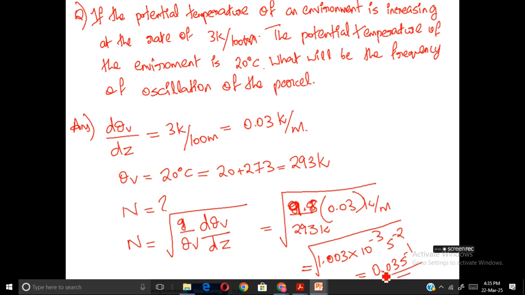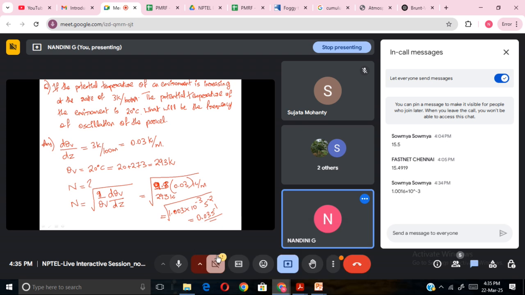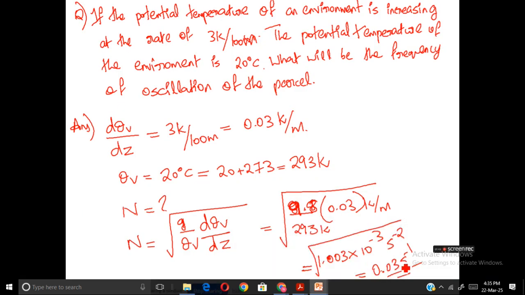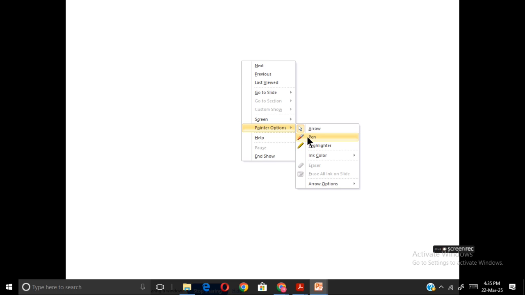Yes, 1.0016 into 10 raised to minus 3 is the value of N square. We need N, so the root of that answer. The final answer will be 0.03 second inverse, right? So this is basically the frequency of oscillation.